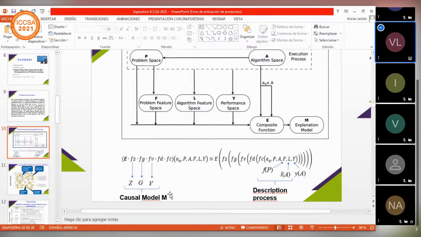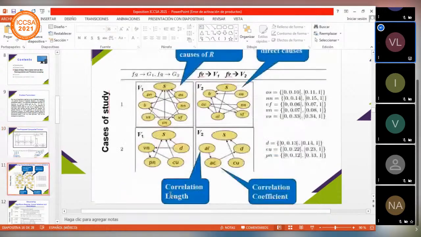Okay. The function FB identifies significant features that characterize problem structure in space and algorithm searching behavior.